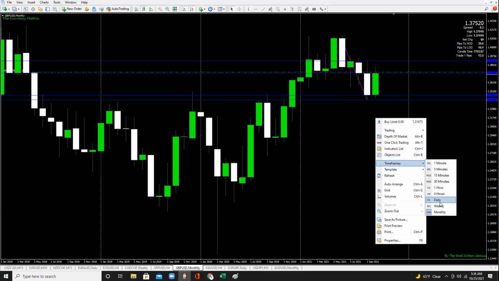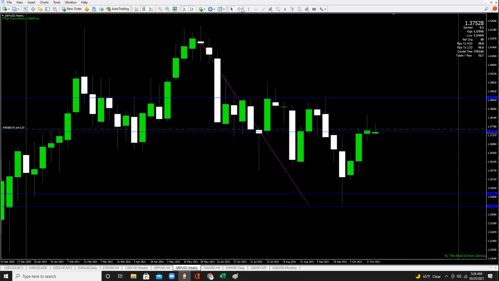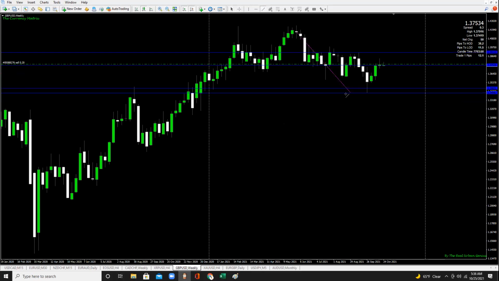Now using that information, going to the weekly. If we look here at the weekly, we can also see that downward movement from the monthly candles. Using the weekly data, here would be the current trend cycle, starting from here to here. Bearish.